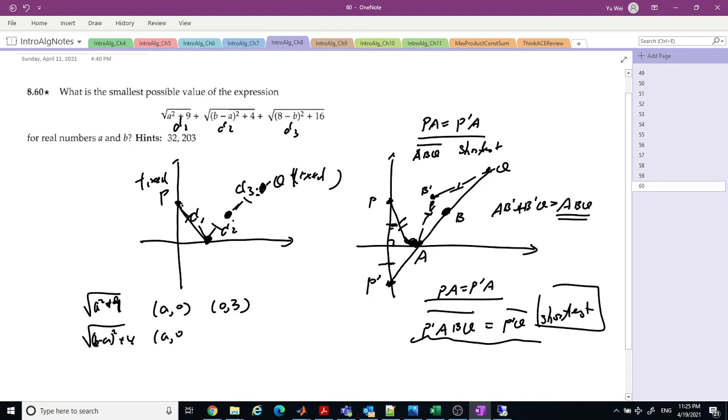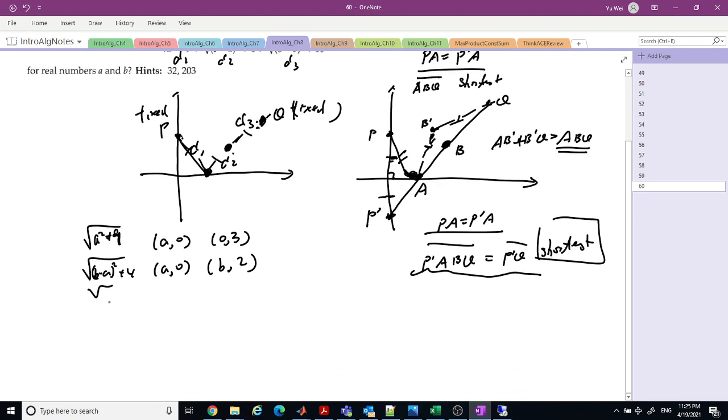So the second is I have this point and I have this point. The last one is 8 minus b squared plus 16. It's something like we have the b and the 2, then we have the 8 and the 16 is 6.